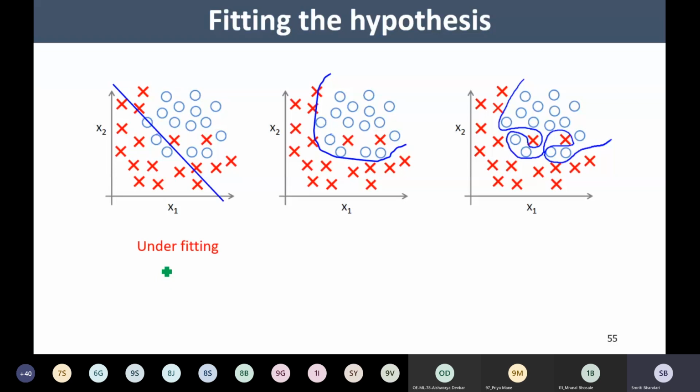A statistical model or a machine learning algorithm is said to have underfitting when it cannot capture the underlying trend of data. Let me give you one simple example.